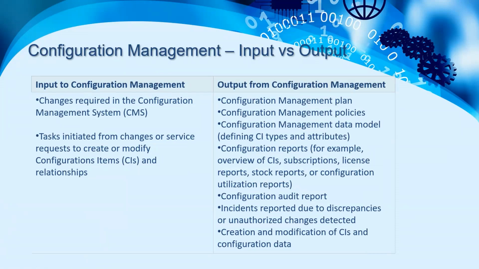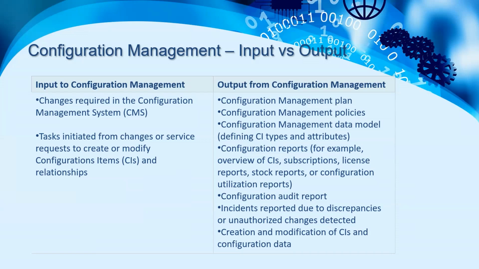I'm sorry, it's an output of the configuration management system: the configuration management plan. Then the configuration management policies, the policies that address who should access what and when and how it should be accessed. Configuration management data model, defining the configuration items and their attributes.